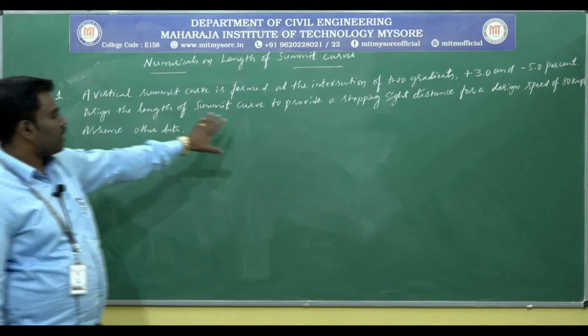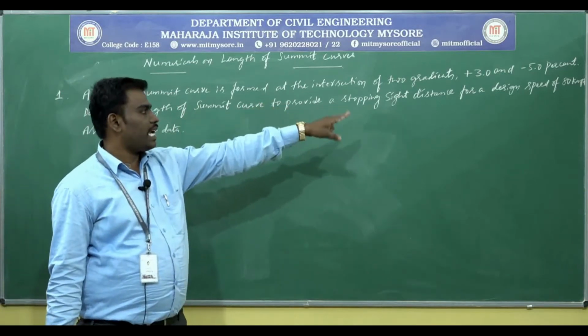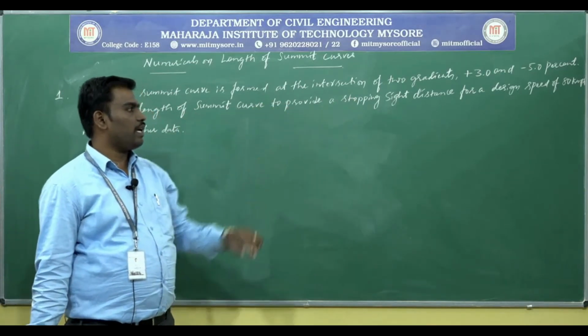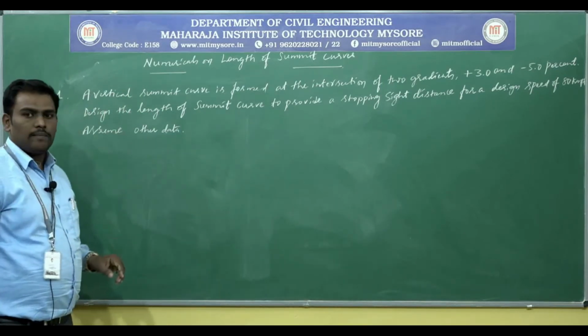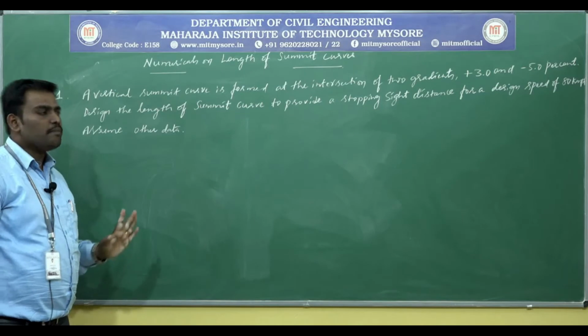Design the length of summit curve to provide a stopping sight distance for a design speed of 80 km per hour. Assume other data. It's a very simple problem.